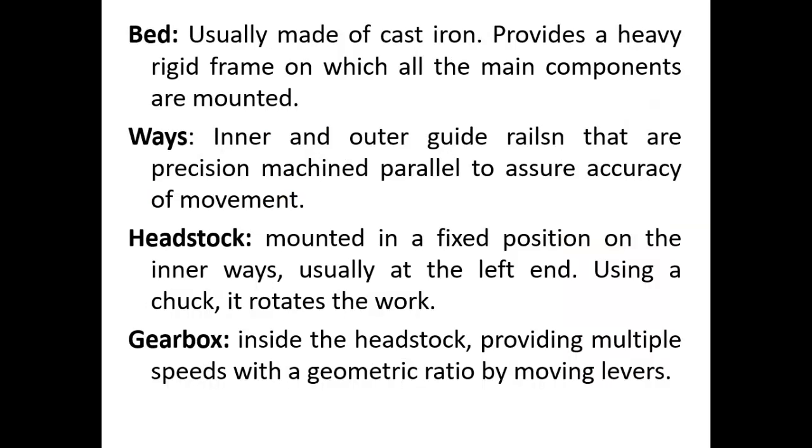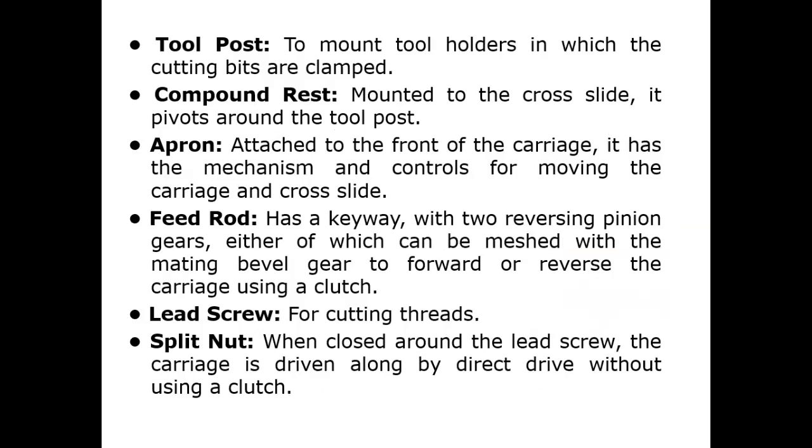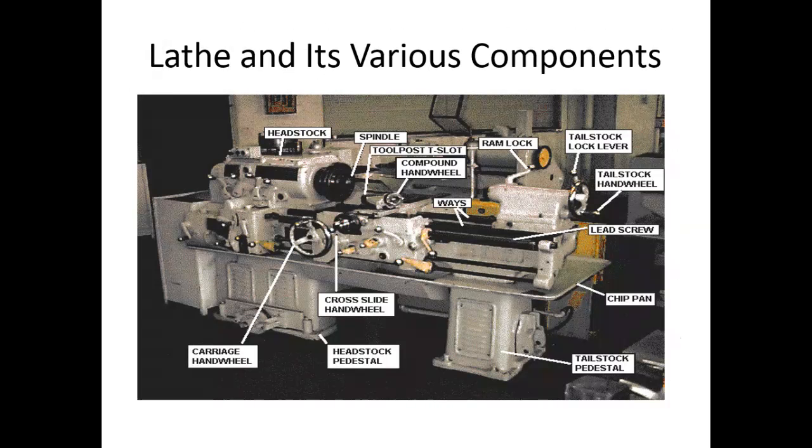Then what are the important elements of this lathe machine? Lathe bed, lathe base, headstock and gearbox, spindle, chuck, tail stock, wheel and carriage, cross slide, tool post and compound rest, apron, feed rod, lead screw, split nut, etc. We can see all these things here itself.